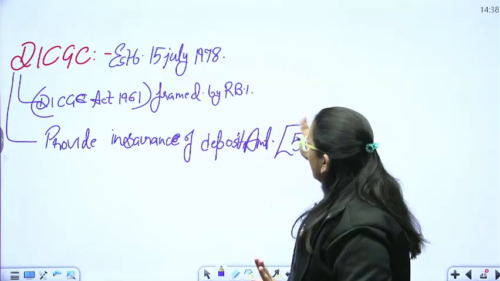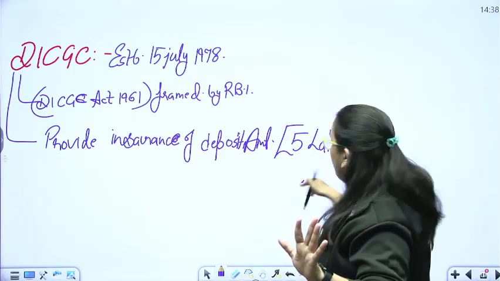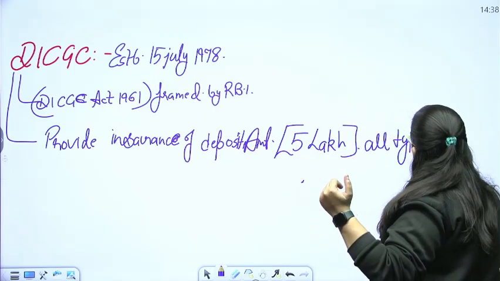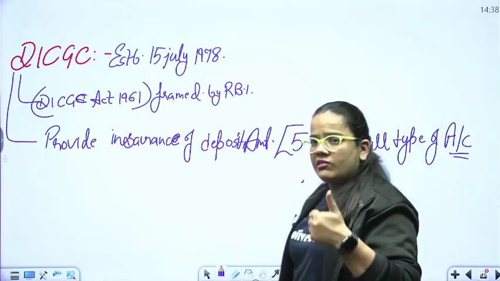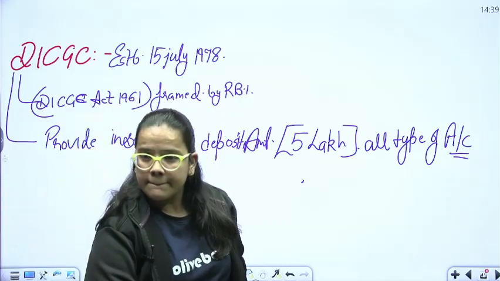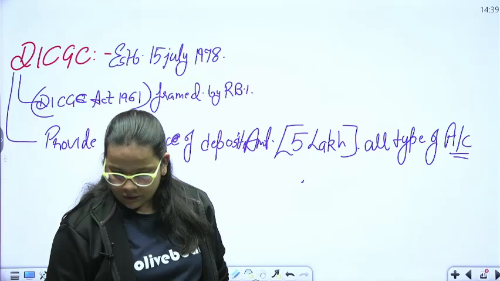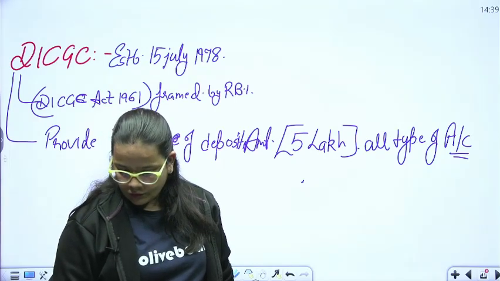And this 5 lakh is for all types of bank accounts: savings accounts, current accounts, FD and RD. Clear?